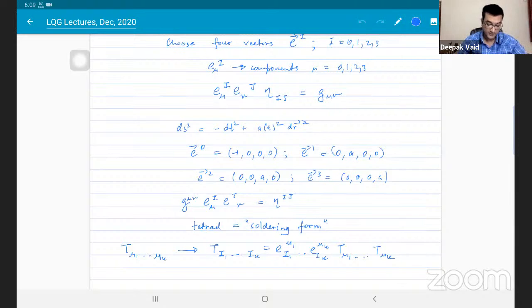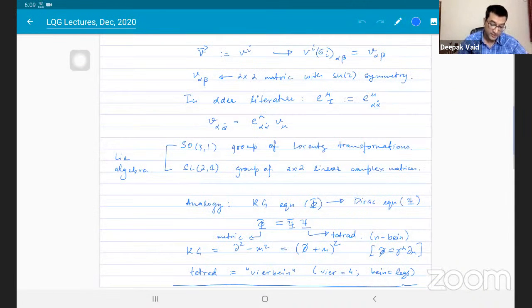On a manifold, at each point you have a tangent space, and if your manifold is locally a Minkowski manifold, I mean, if it has topology R31, then locally it will have tangent spaces which are Minkowski spaces.